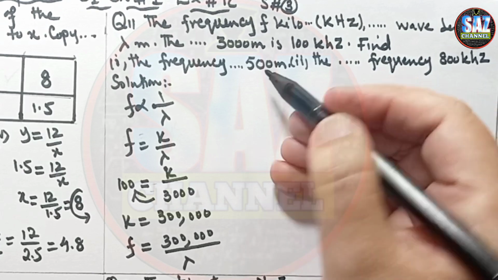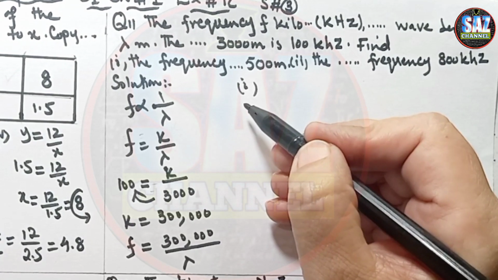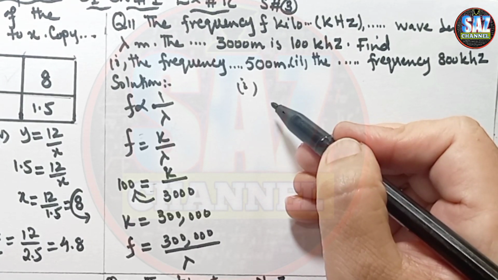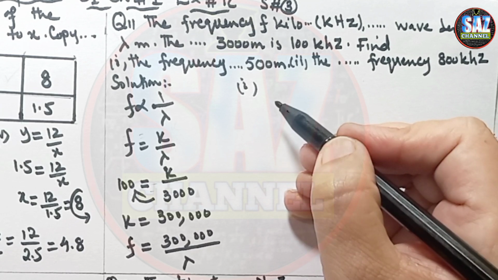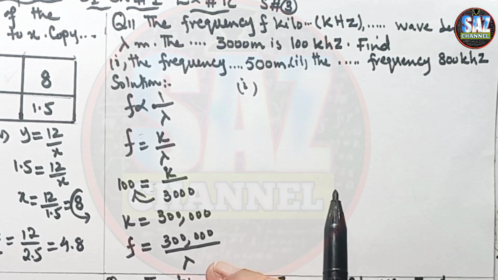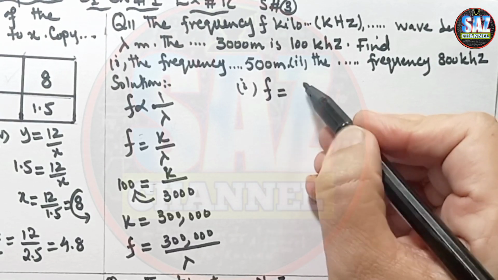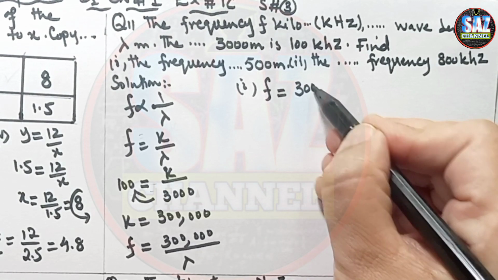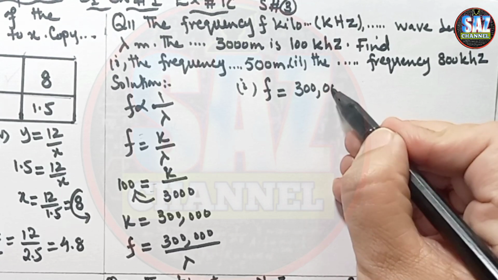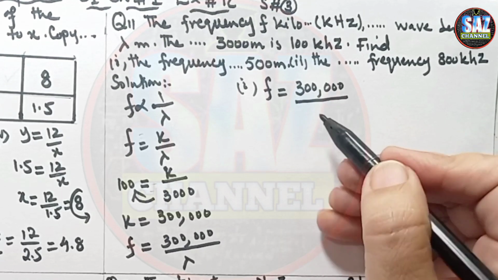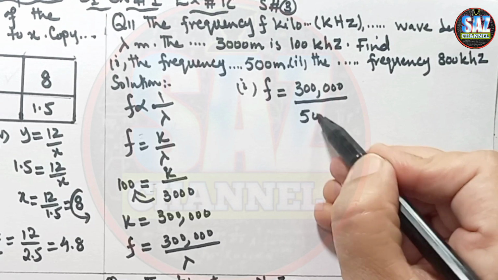The next requirement is that we have to find the frequency of the radio wave that has the wavelength 500 meters. So we take this equation f equals 300,000 upon the wavelength, which is 500.